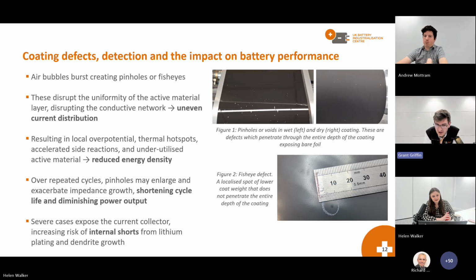Yeah, I mean, you can get a very large range of defects in your electrode material once it's coated, depending on the size of the bubbles that are inside the slurry or generated through other means. It can range quite a bit, but the effect that has on your electrode performance will vary, and it will be specific to your chemistry, cell performance, and the size that you have on your electrode.